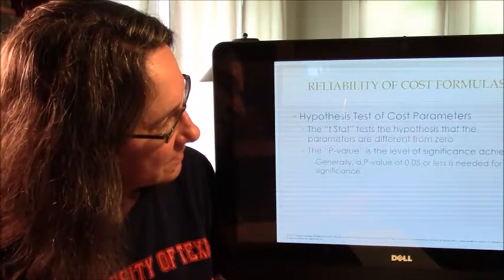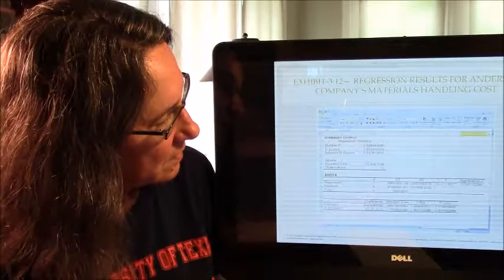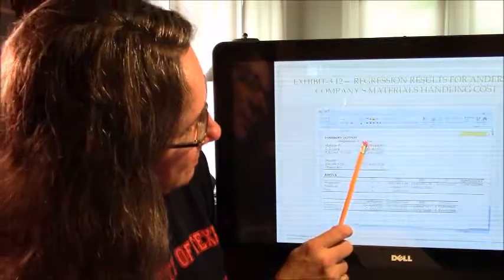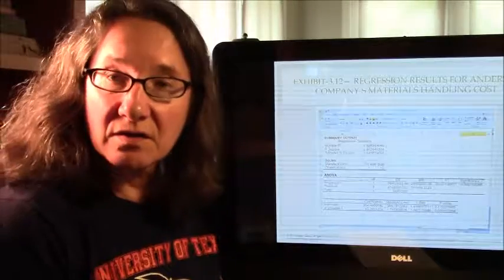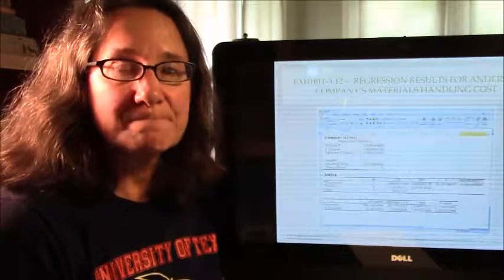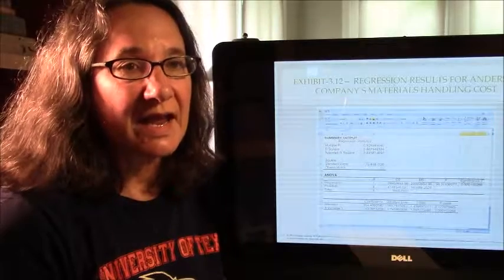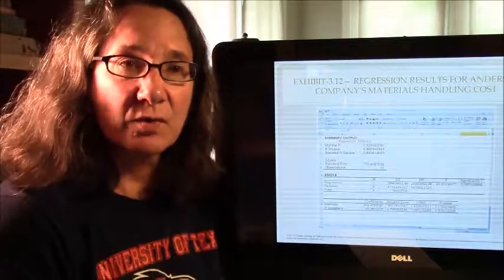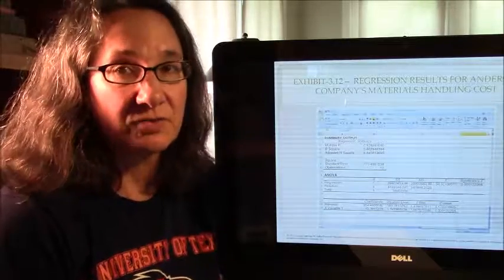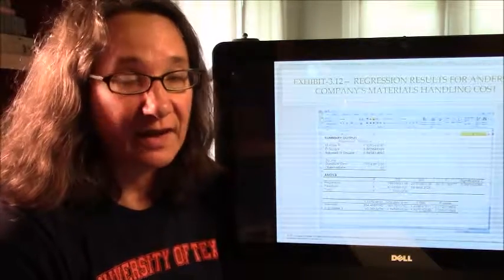So if we come back here to this output, you'll see this right here, R square, 0.86, that is pretty good. I mean, that is telling you we have explained 86% of the variance in the costs. That's what that means. So we understand 86% of what drives that cost for whatever that is. All right.